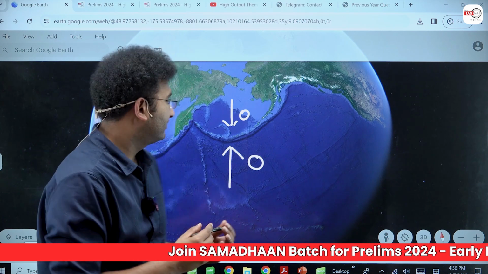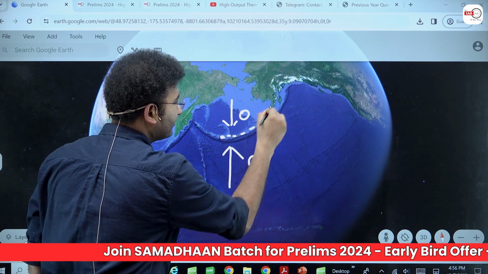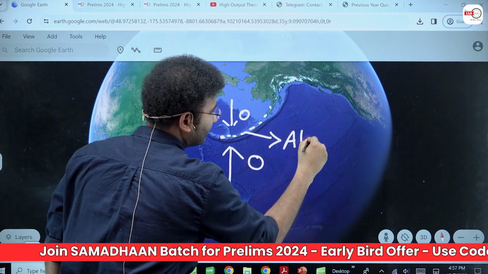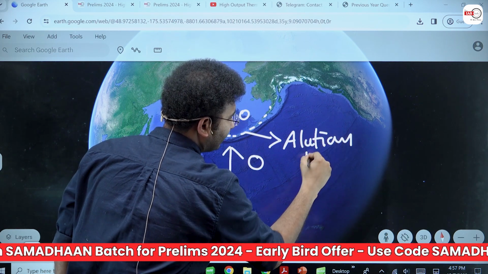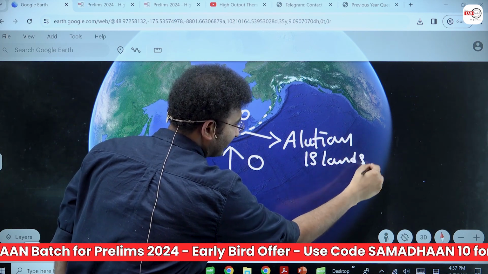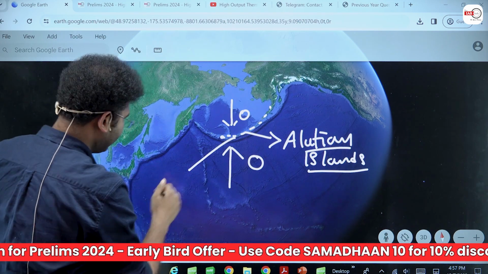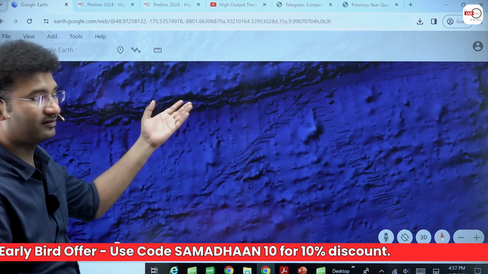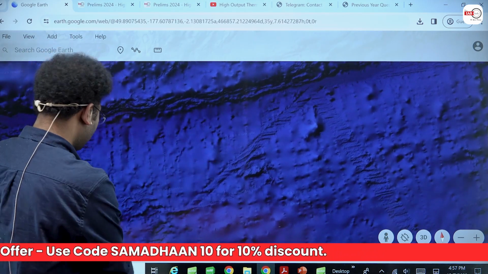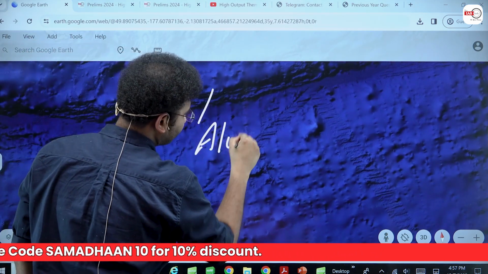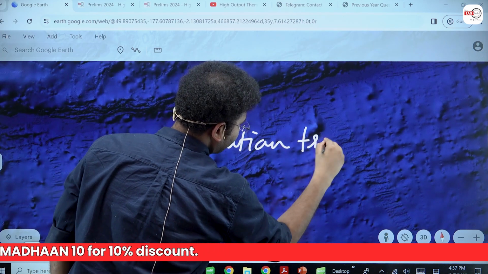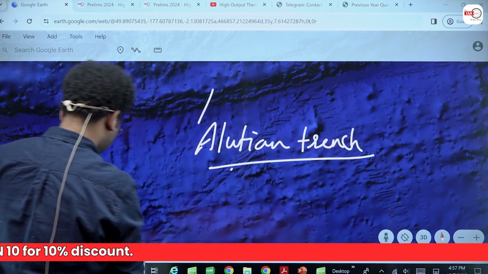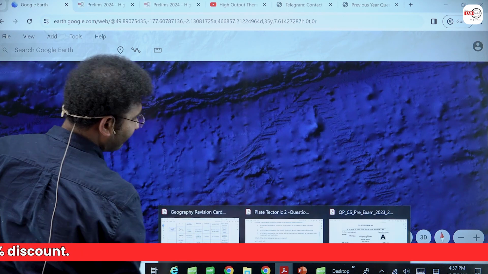That means these islands which are being formed are called the Aleutian Islands. And here there are trenches also. This trench, if I take you deep here, is quite clear, right? This trench is called the Aleutian Trench, right? Likewise, you also have the Mariana Trench.